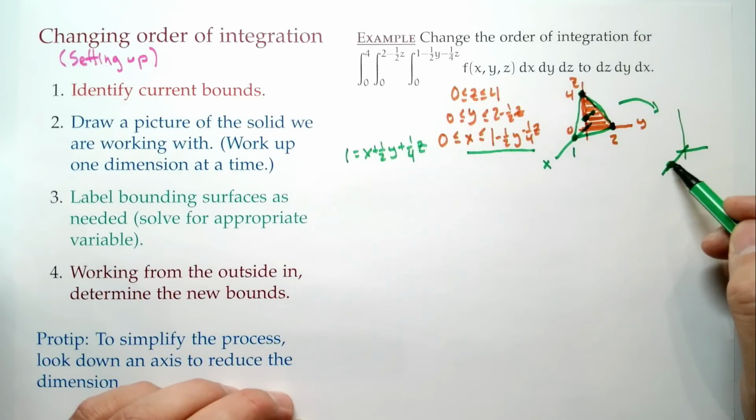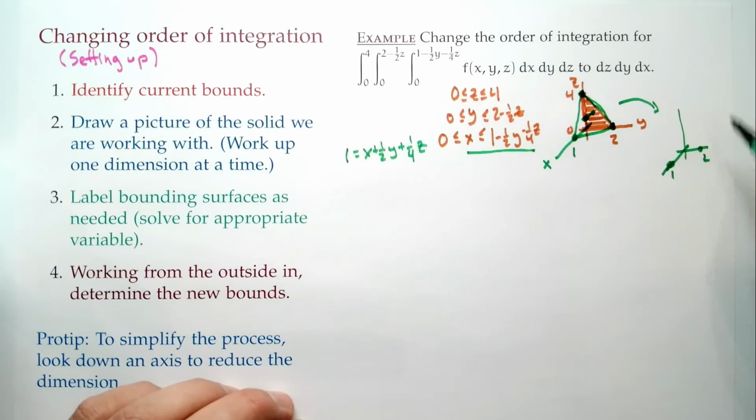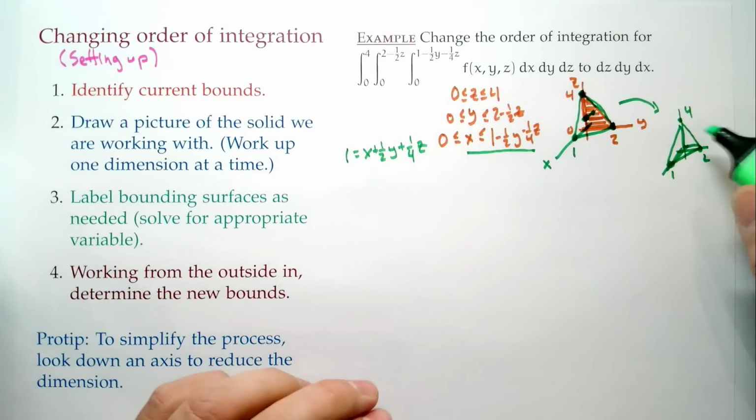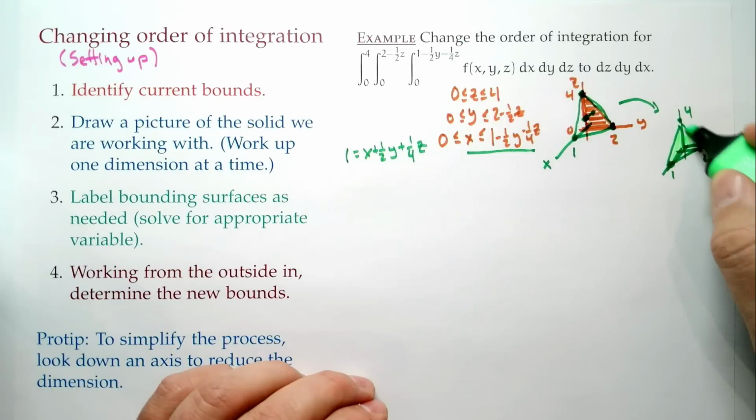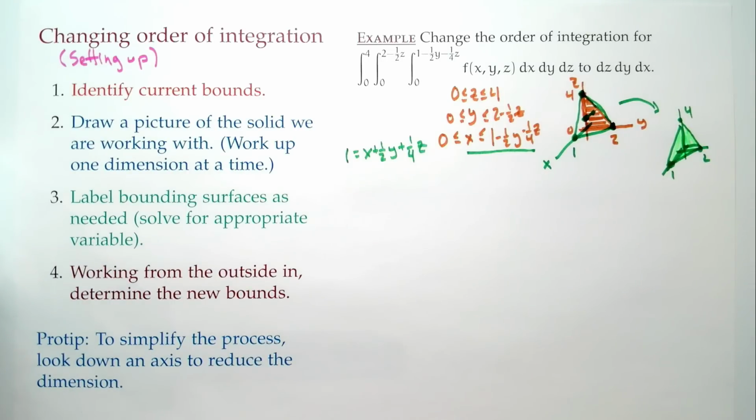What happens is I'm at 1, 2, and 4, and I'm forming a tetrahedron. So I'm forming this tetrahedron where x, y, z are all greater than or equal to 0, and the front face of the tetrahedron is this plane. All right, so now that's step 1.